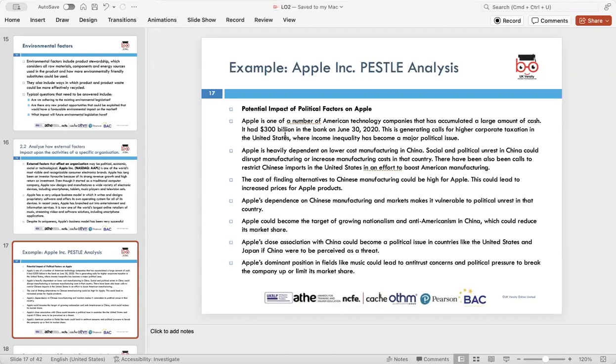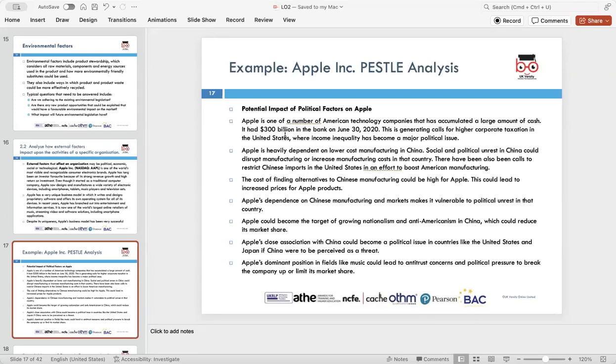In addition, there have been calls for the United States to impose restrictions on Chinese imports in an effort to increase the amount of manufacturing within the United States. Finding alternatives to manufacturing in China could be expensive for Apple, which could result in higher prices for Apple items.